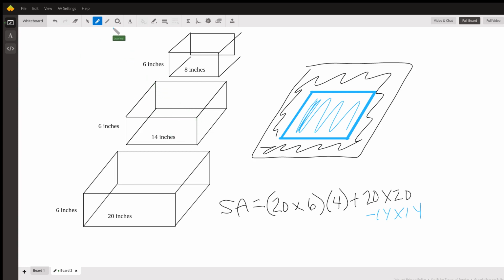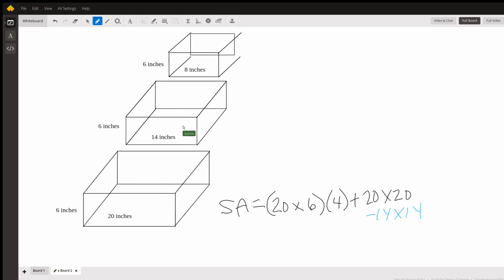Next, we're going to look at the surface area of this middle tier. Some of the way I'm going to figure it out is the same, but the very bottom of this, again, is touching here. That is not covered in frosting. So we're going to have the sides here that are covered in frosting. The sides of tier 2 are 14 inches by 6.